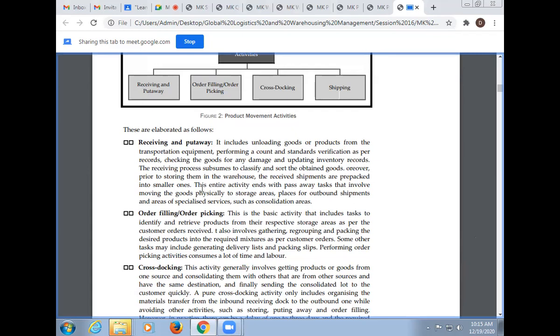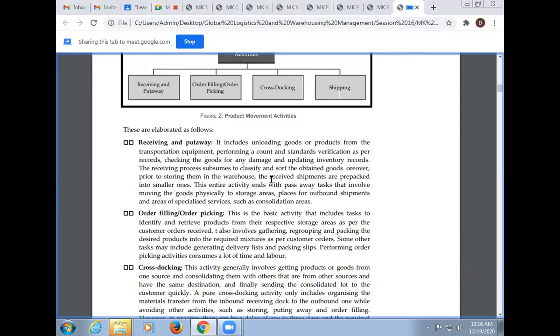Moreover, prior to storing them in the warehouse, the received shipments are pre-packed into smaller ones. This entire activity ends with putaway tasks that involve moving the goods physically to a storage area, places for the outbound shipment, and areas of specialized services such as a consolidation area.